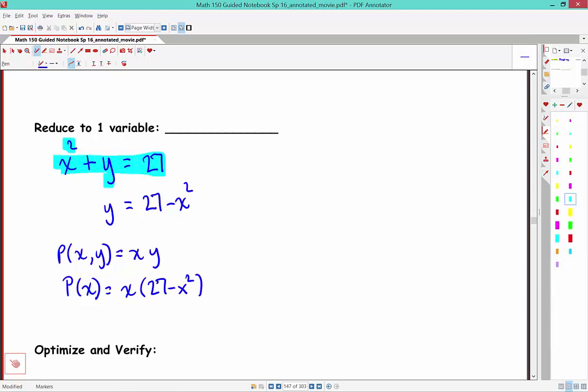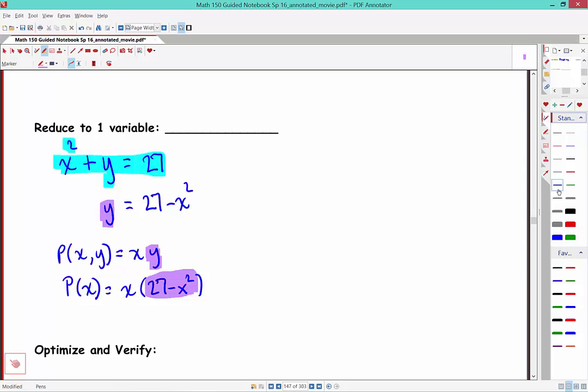All I did is I isolated the y and wrote it in terms of x. Good so far? So now, simplifying that a little bit to make it easy to differentiate, we'll get 27x minus x cubed, and that is our primary equation reduced to a single variable.